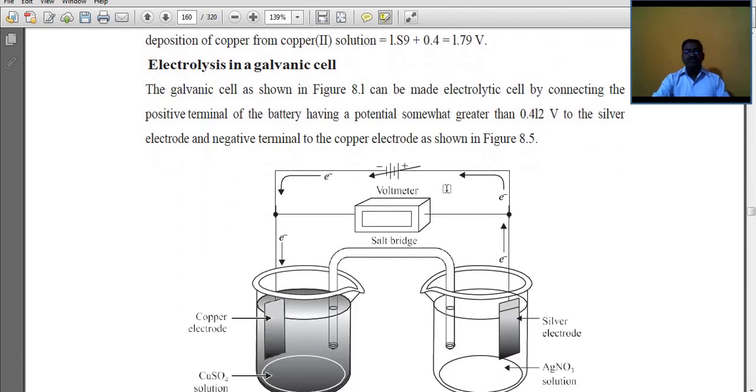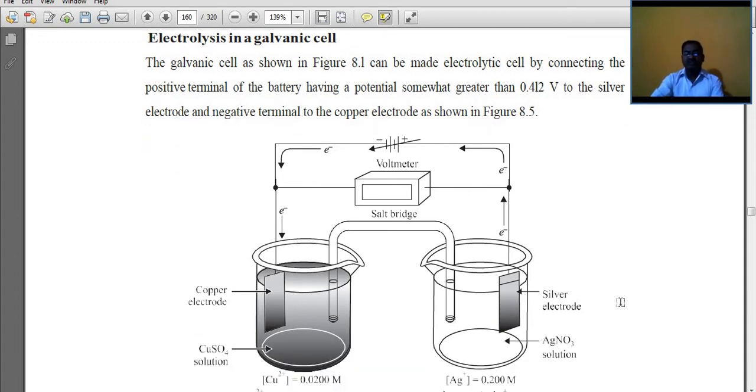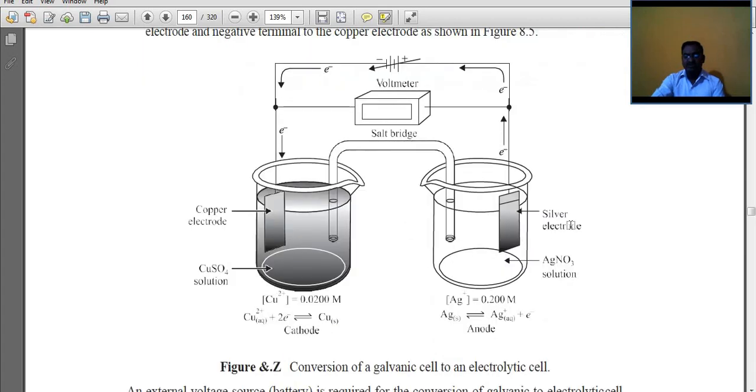In electrolysis, a galvanic cell, also shown in the figure, can be made an electrolytic cell by connecting the positive terminal of a battery having a potential somewhat greater than 0.412 volt to the silver electrode and the negative terminal to the copper electrode, as shown in the figure.